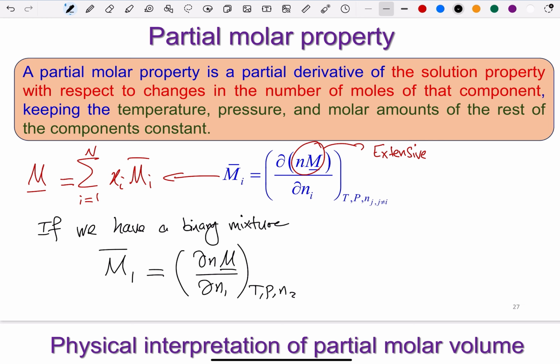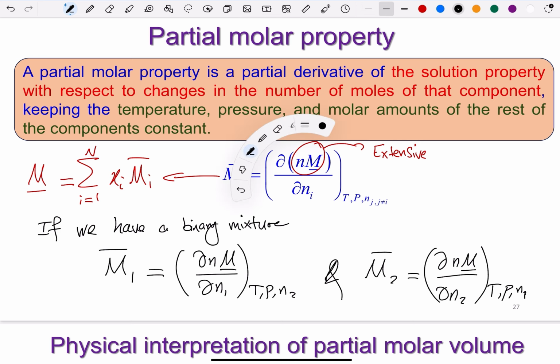I'm going to hold temperature, pressure, and N2 constant, okay? And M2 bar is going to be dM/dN2, with temperature, pressure, and N1 constant. Okay, that's how we define this. So this is that equation. So these are called partial molar properties.